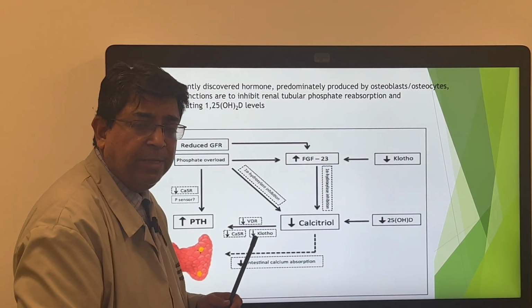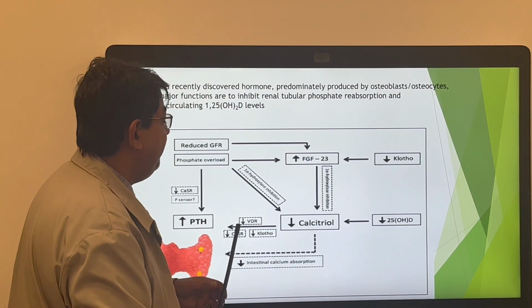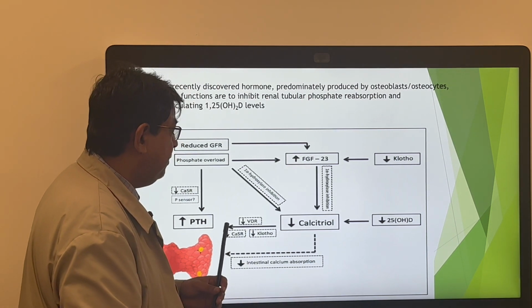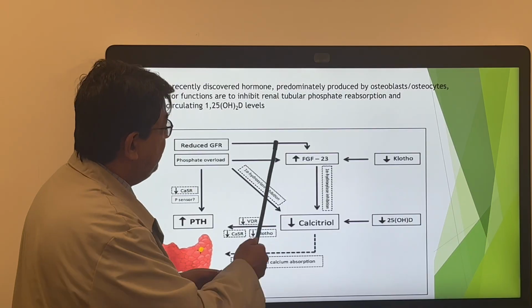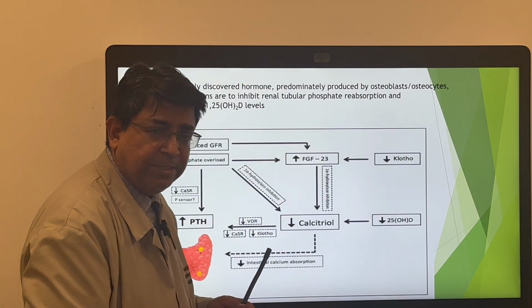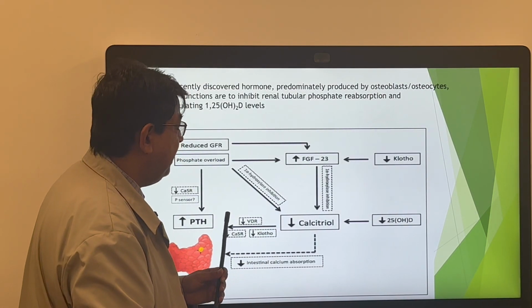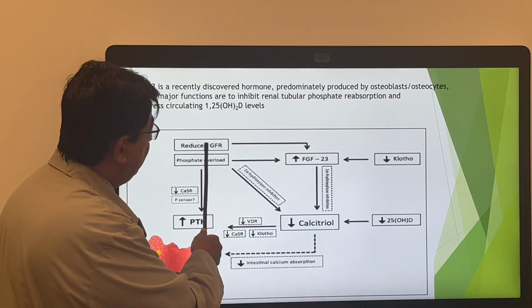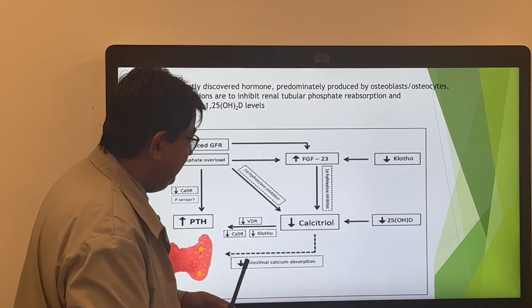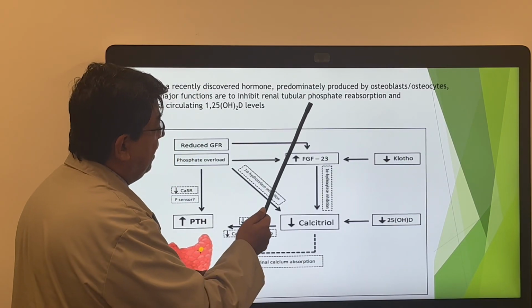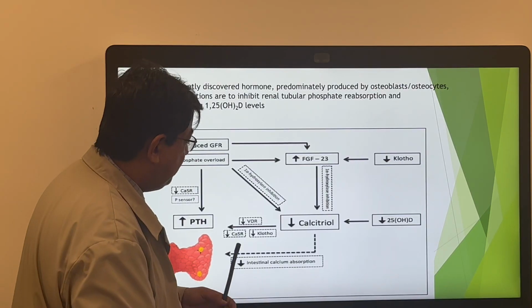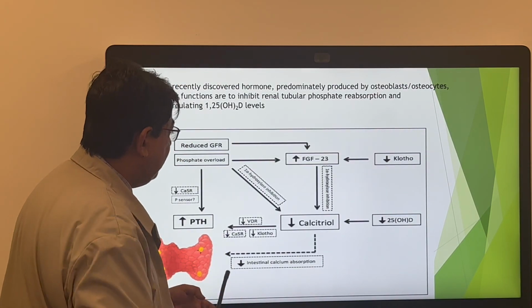It is currently available in research centers, but may become a laboratory test available in all medical centers. FGF23 will be tested on the nephrology boards and potentially on the internal medicine boards as well. So phosphate overload will stimulate FGF23, which will then cause 1-alpha hydroxylase inhibition, leading to decreased calcitriol levels and mitigation of phosphate overload.